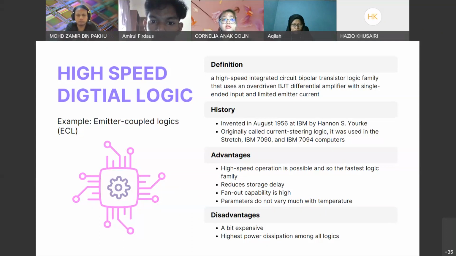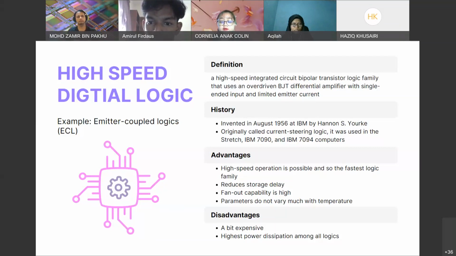ECL was originally called current steering logic, and it was used in the IBM 7090 and IBM 7094. If you are wondering what these computers are, they are mainframe computers used primarily by IBM for critical applications and bulk processing in large organizations. There are pros and cons for ECL. The first is that it is the fastest logic family, with high-speed operation.